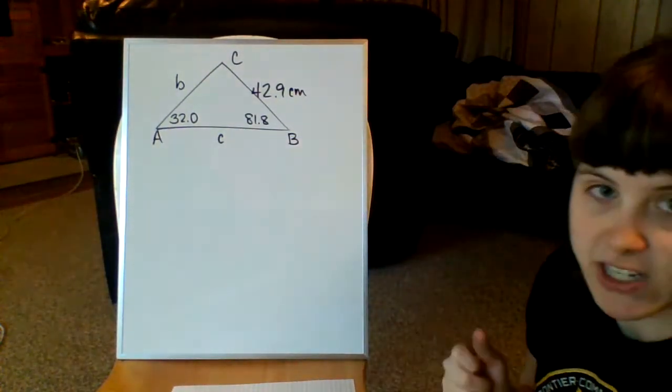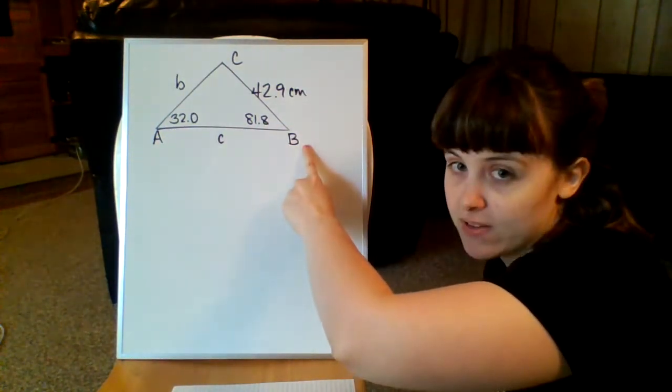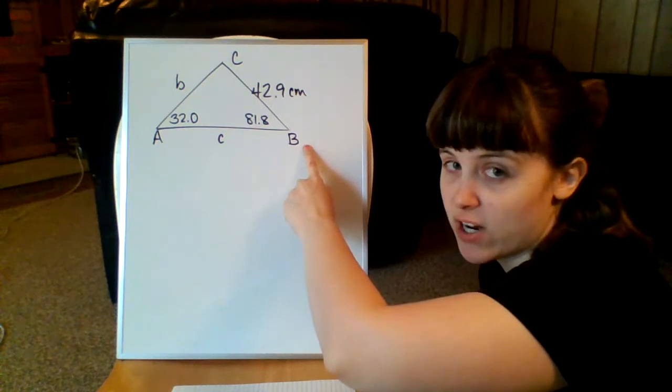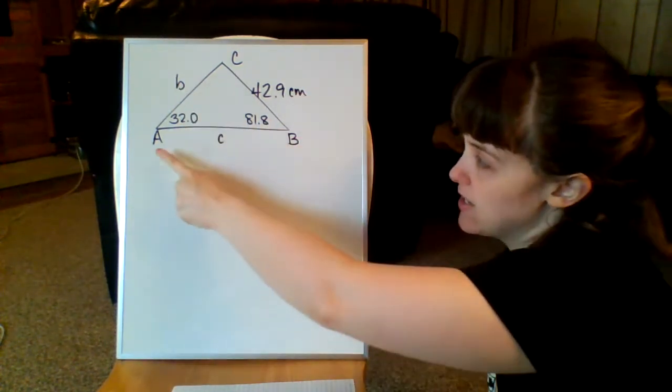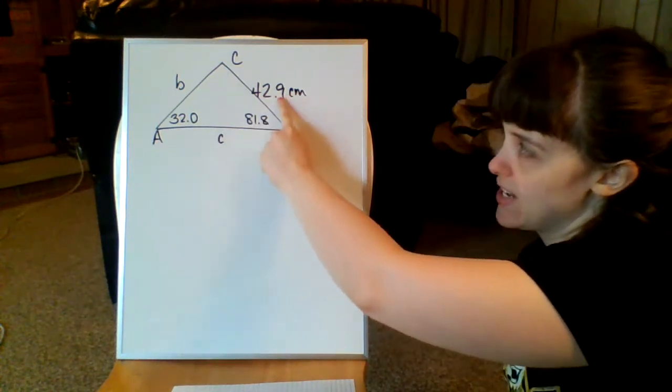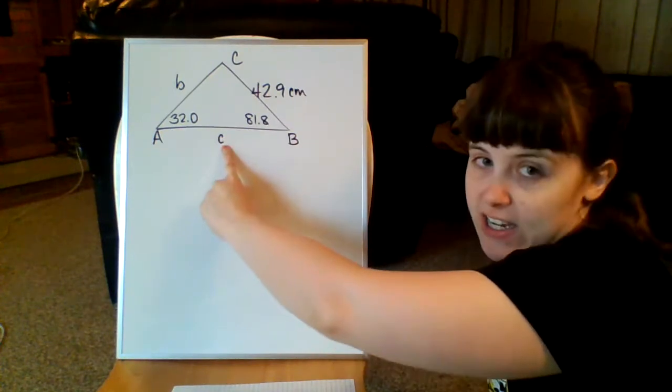Now, I'm going to remind you that this is side B because it's opposite angle B. So that's how they name sides of triangles. This is angle B, opposite it is side B. This is angle A, opposite that is side A. And opposite angle C is side C.